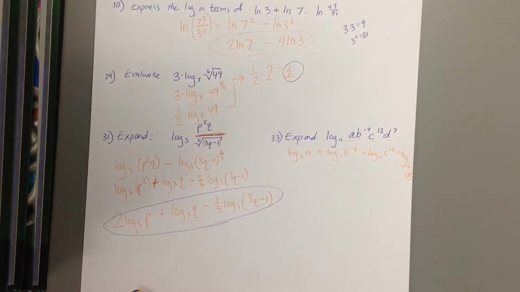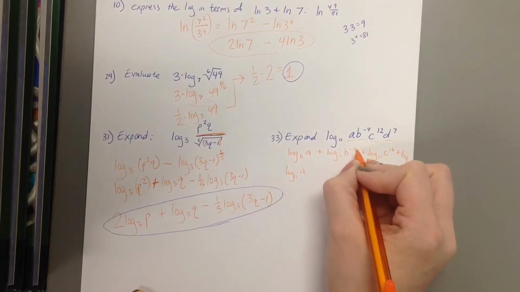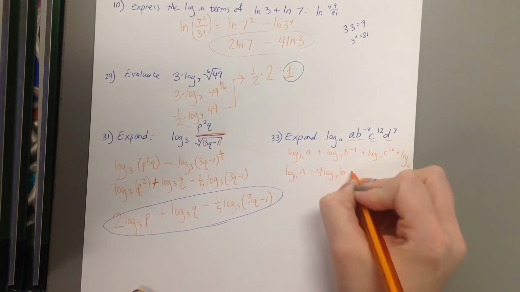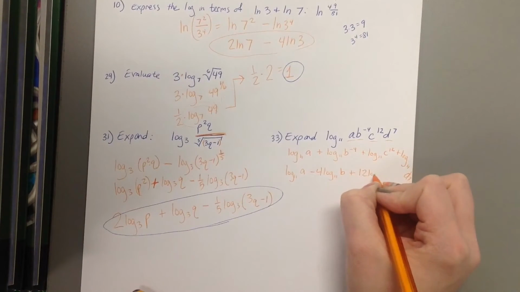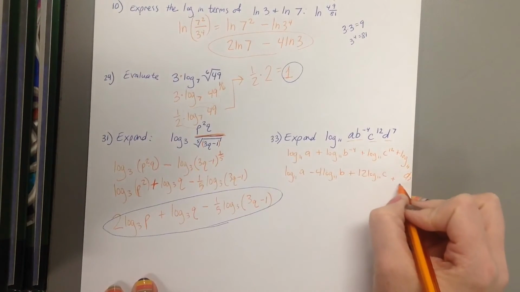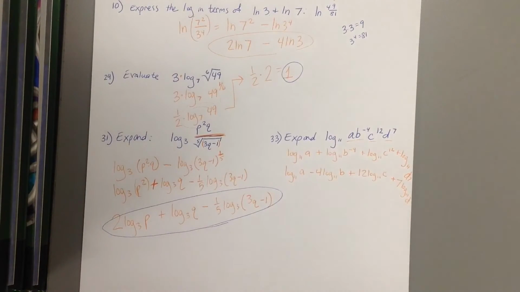The exponents are going to come out front, so the a stays put, log base 11 of a, minus 4 log base 11 of b plus 12 log base 11 of c plus 7 log base 11 of d. And that is my final answer.